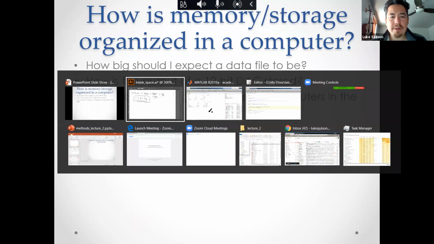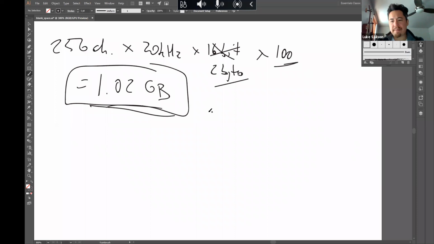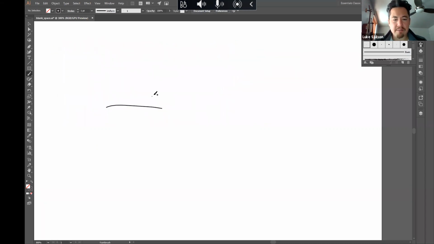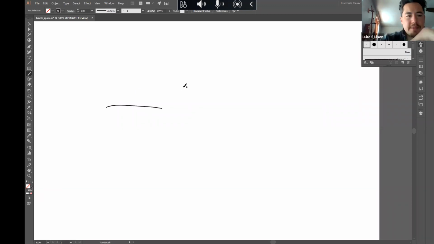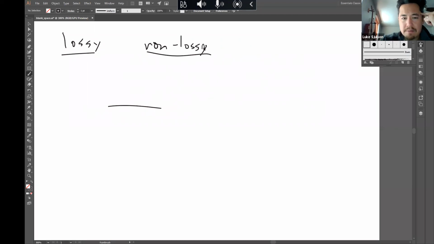Okay. So maybe let's talk a little bit about compression. With compression, there is lossy and there's non-lossy compression. Can someone tell me what the difference is between those things?